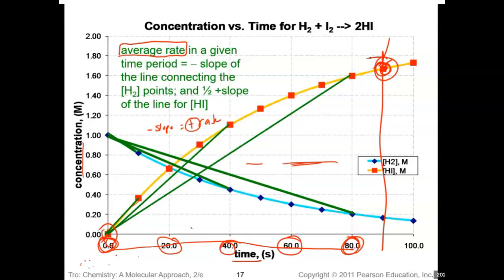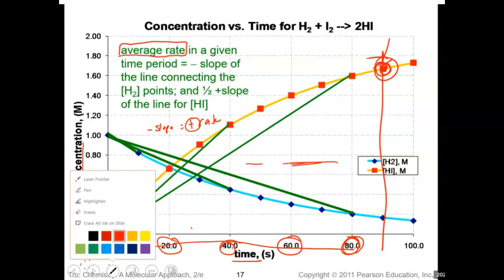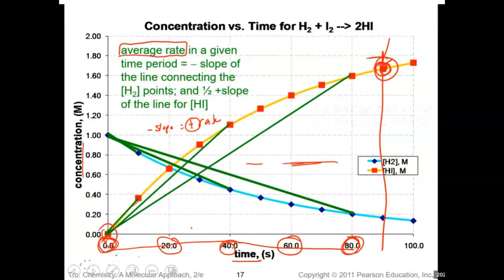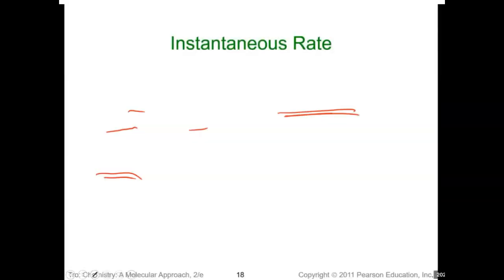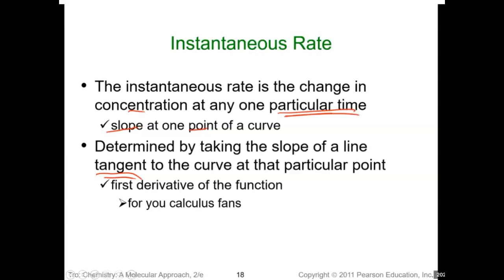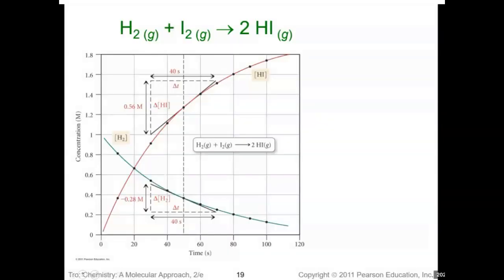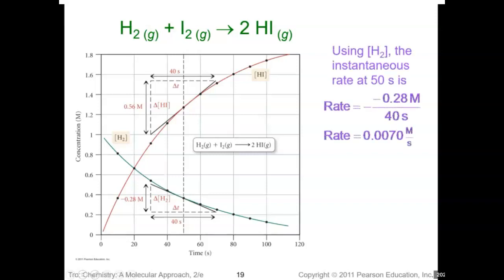This is a different way of finding rates. Instantaneous rates are really annoying. We don't do these too much because you have to have a graph. An instantaneous rate, remember, is at a specific time.